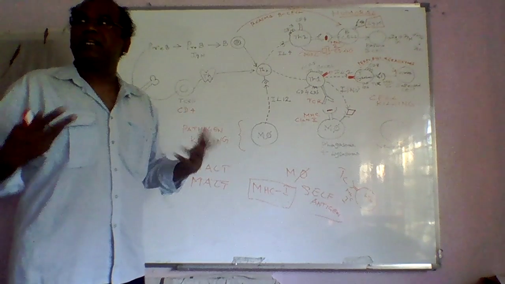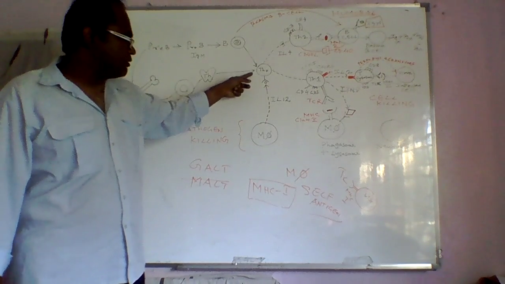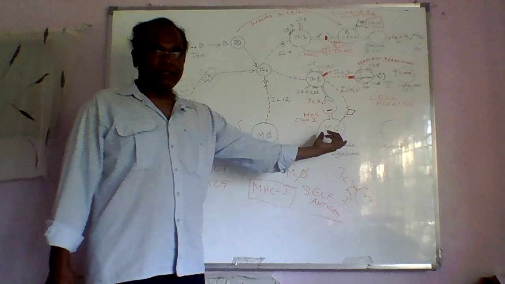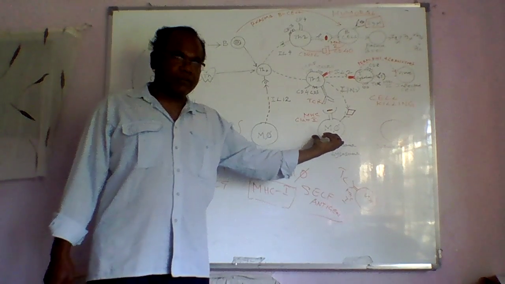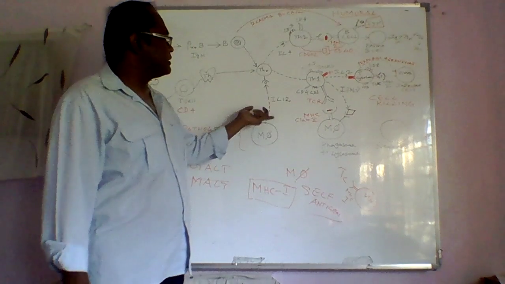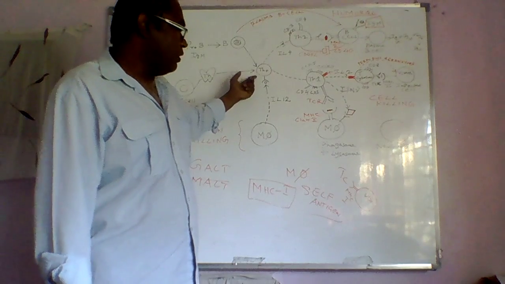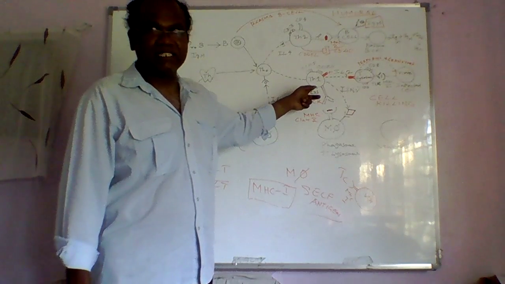It matures there in the thymus, then it becomes TH0, which is naive, hasn't seen any pathogen. And then, say for example, in the context, a macrophage engulfs a pathogen, presents an antigen on the MHC class 2, and the same macrophage is going to trigger interleukin 12, which will activate the naive TH0 to become a TH1, which is a cell-mediated immunity.